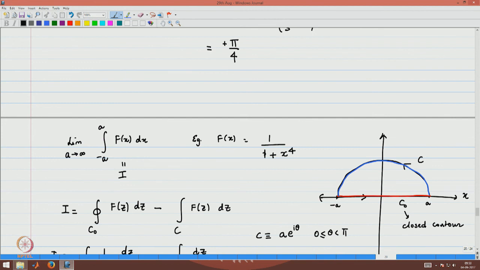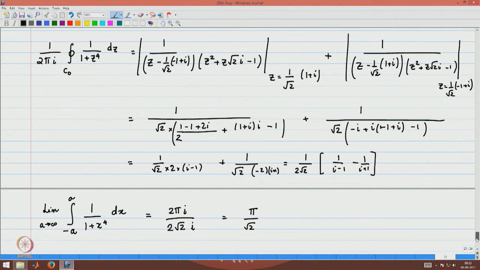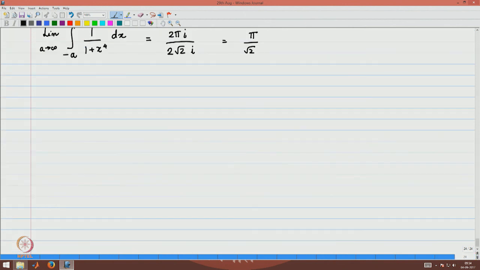But if your function is not analytic, then it will have some poles. Then that function will have some power of x here, which will ensure that the integral over the contour C goes to 0. These are the kind of problems that you can do using complex variables. I hope I have been able to show through this how you can use complex variables to evaluate integrals over real functions.